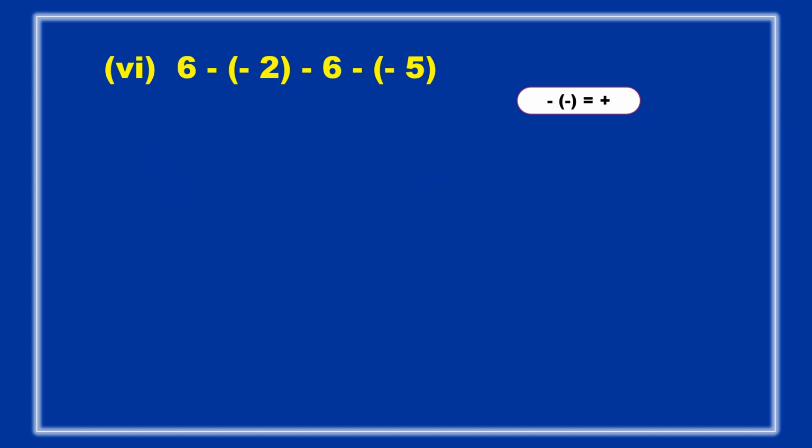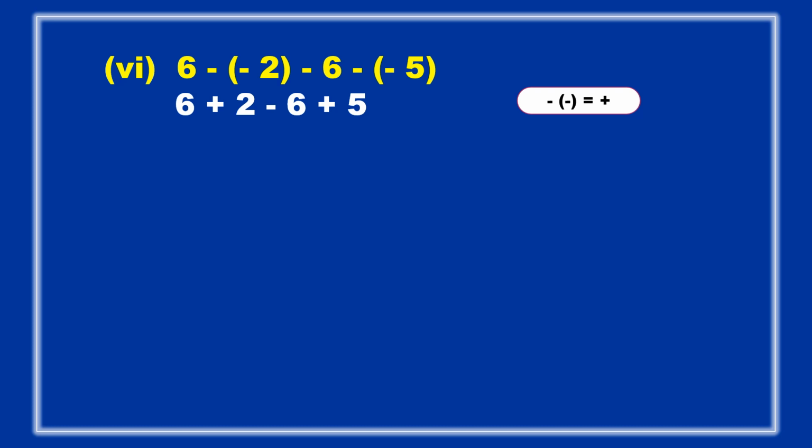This is how it will be explained in this example. See, simple. 6 will be written as 6 only. Here minus into minus is plus, here minus 6 I have written as it is, and here minus into minus is plus. We removed the brackets, so the first step is finished. Now in the next step, same symbol terms should be placed together.